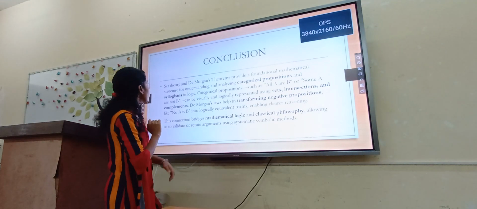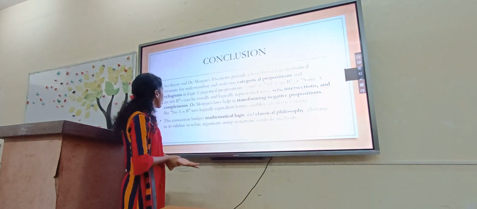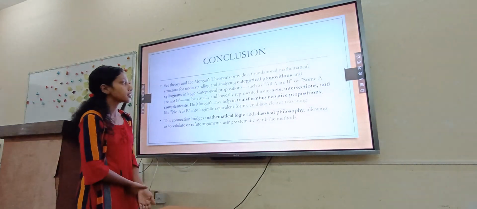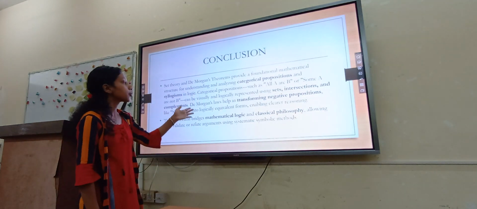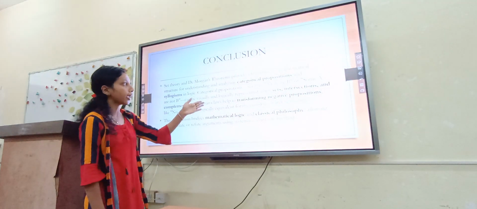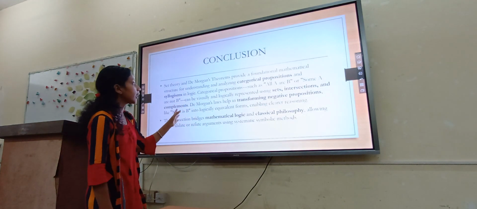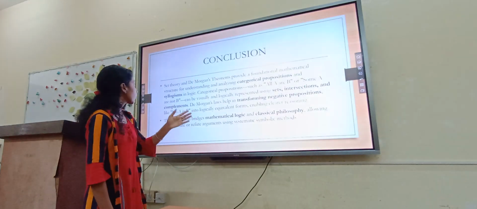So, in conclusion, set theory and De Morgan's theorems provide a foundational mathematical structure for understanding and analyzing categorical propositions and syllogism in logic. Categorical propositions such as all A are B or some A are not B can be visually and logically represented using sets, intersections and complements.